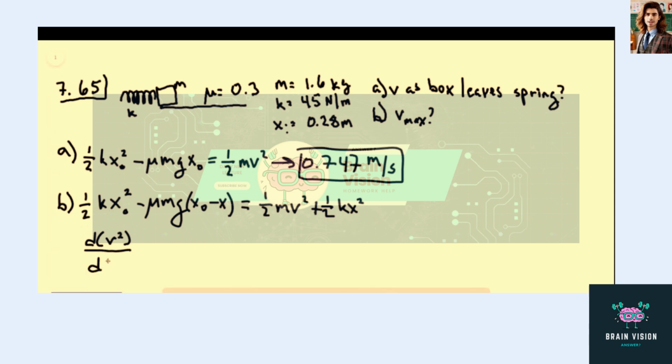And because speed is always positive to begin with, squaring it preserves the ordering, so the maxima of v are going to be the maxima of v squared, basically.